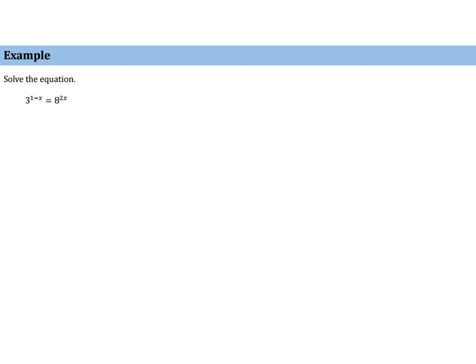Now, let's look at this one. Here we have two exponentials, but they don't have the same base, so we cannot use the one-to-one property of exponentials. So let's again try taking the natural log of both sides. We can take the 1 minus x, which is the exponent, and bring it out front.